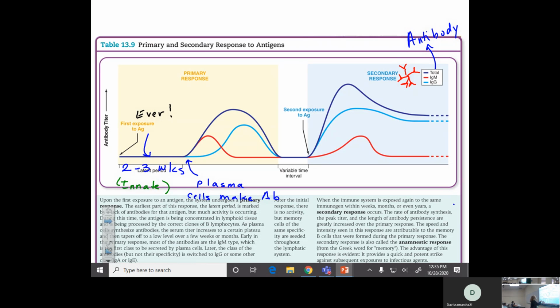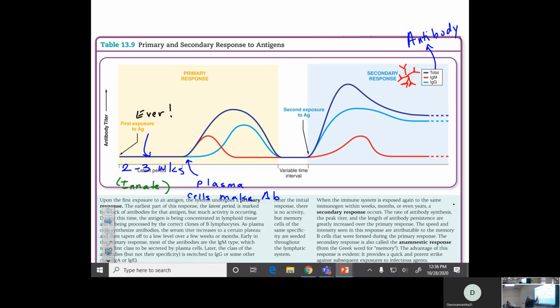Those plasma cells are going to first make IgMs, and then they'll start making IgGs, but together the useful amount of antibody is in this dark blue line. So this is how long it takes for acquired immunity to kick in.